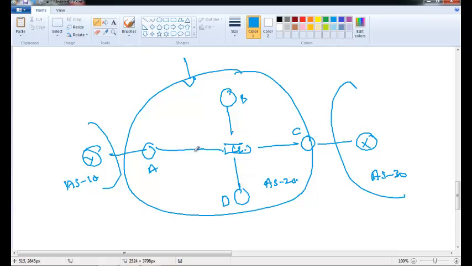Can you explain more? Let me say I got networks called 1.1.1.1 and 2.2.2.2 advertised from X and Y. Okay, now you explain.